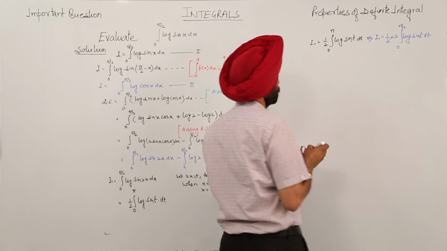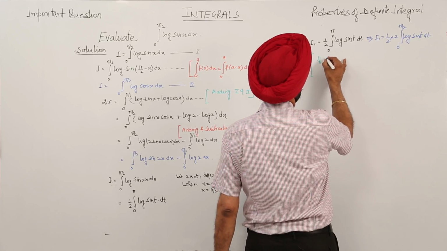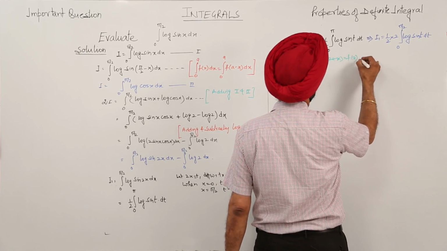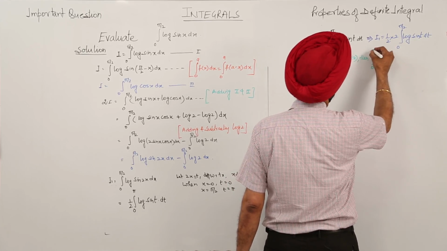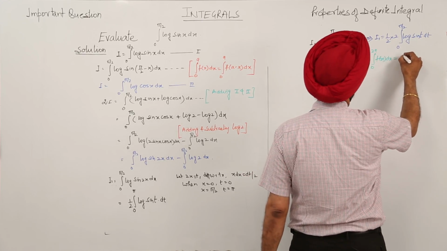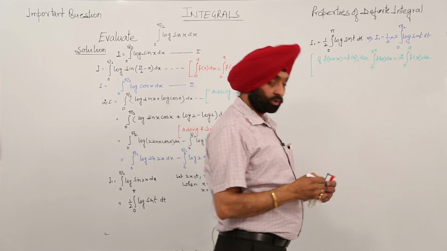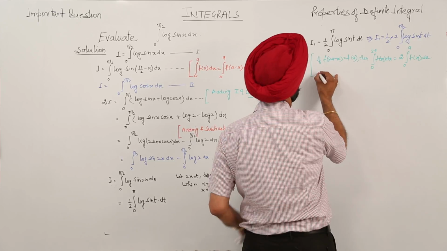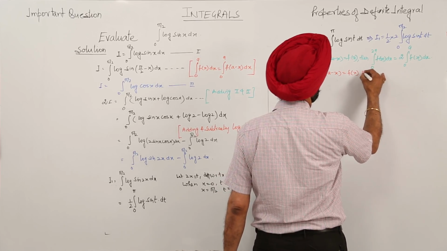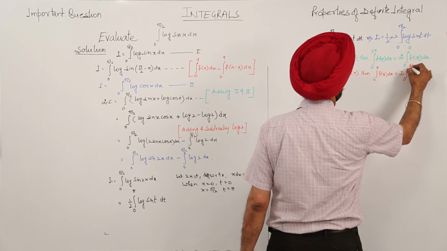We had a property: if f(2a minus x) is equal to f(x), then the integral from 0 to 2a of f(x) dx is equal to 2 times the integral from 0 to a of f(x) dx.